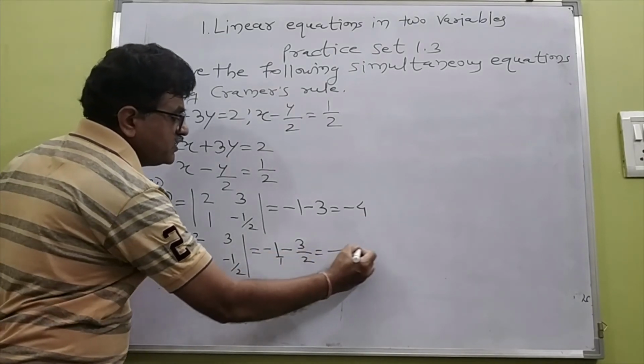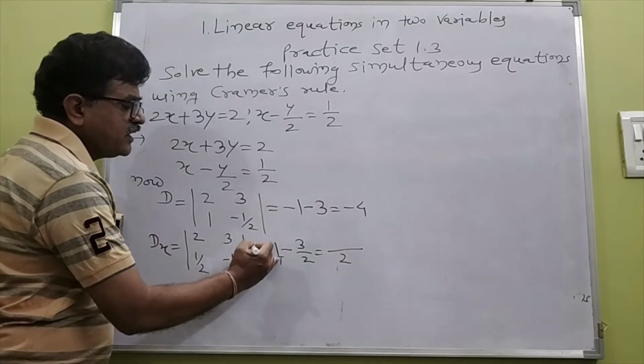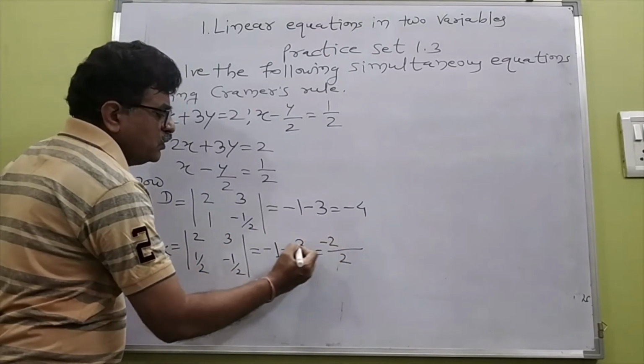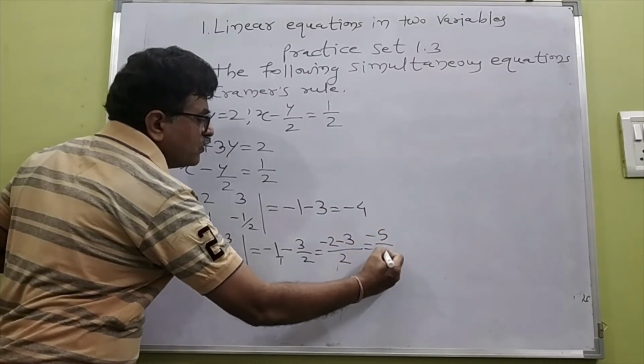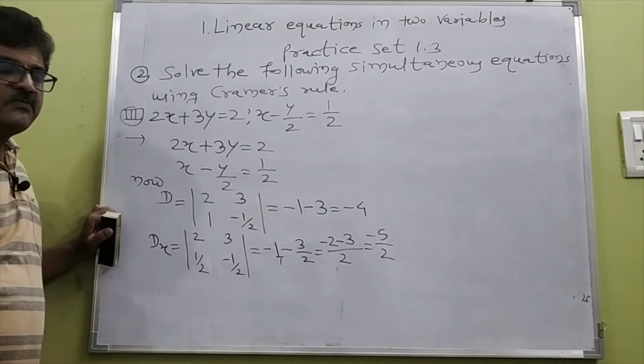Now here LCM is 2. इथं काही minus 2 minus 3, that is minus 5 upon 2.